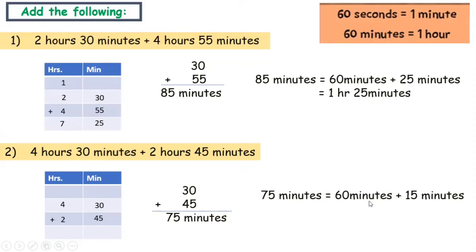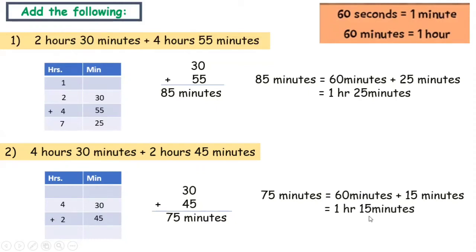Now we know 60 minutes is equal to 1 hour, so we write 1 hour and the 15 minutes as it is. Now this 15 minutes we write it over here because 30 plus 45 was 75, and now we know that 75 minutes can also be written as 1 hour 15 minutes.